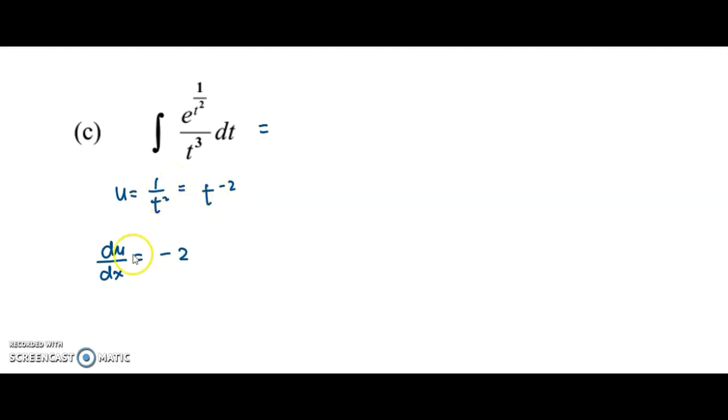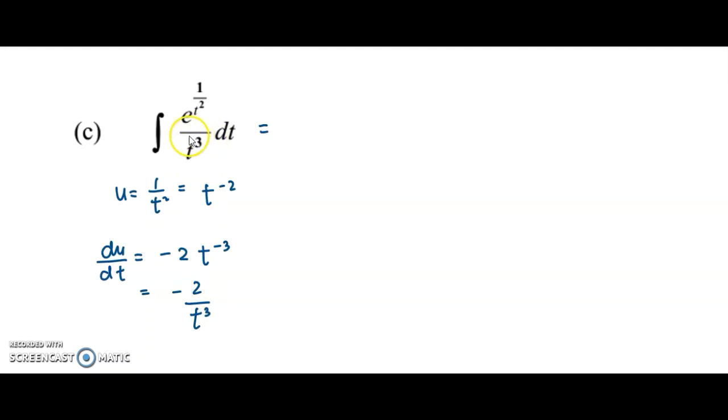The variable here is t, so this is du dt, not du dx. I bring the negative 2 to the front, and the power of negative 2 is decreased by 1, so you get negative 3. When we simplify, we have negative 2 over t cubed.